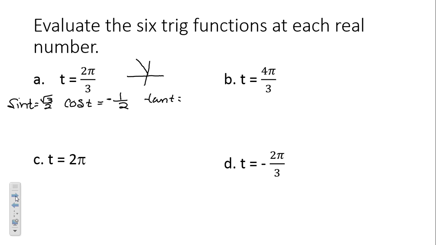What's the tangent of 60? Square root of 3. Positive or negative? We're taking this over this, so it's going to be negative. Yep. Okay. The y value, yep, is sine over cosine, or y over x.